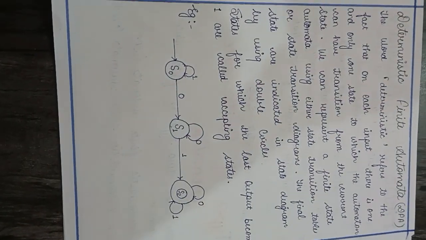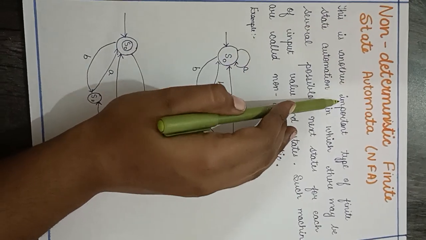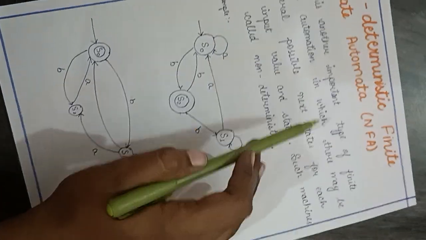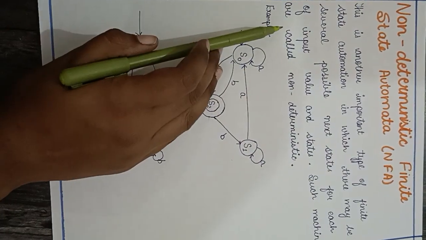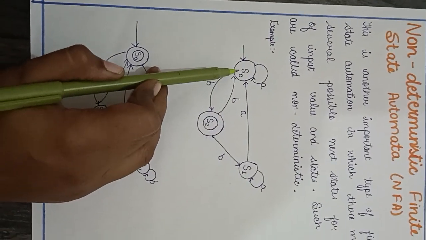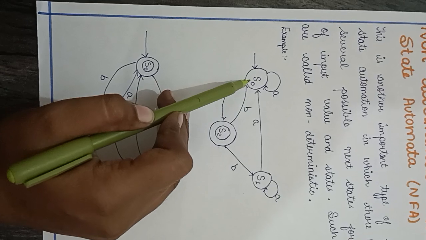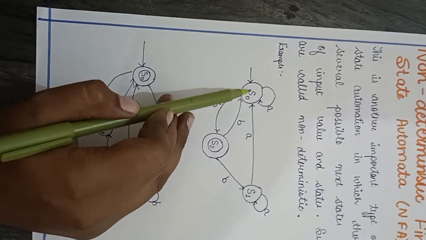Now we will discuss non-deterministic finite state automata, NFA. This is another important type of finite state automaton in which there may be several possible next states for each input value and state. Such machines are called non-deterministic. So here we see an example with three states: S0, S1 and S2. In state S2 we apply input A and we get state S0.